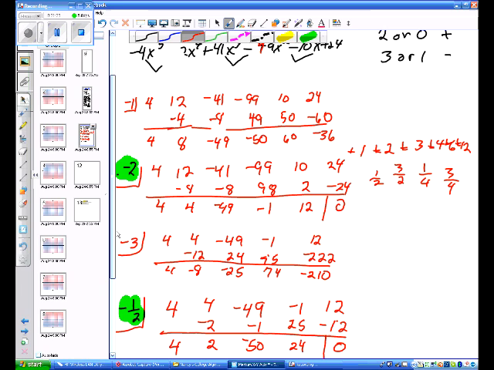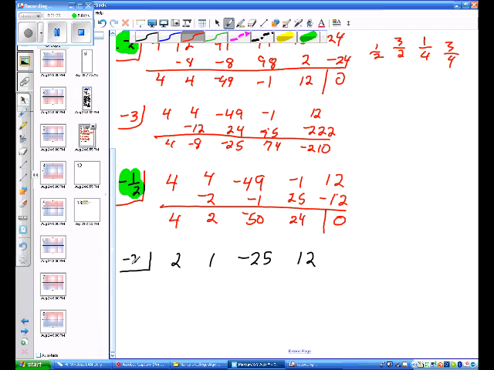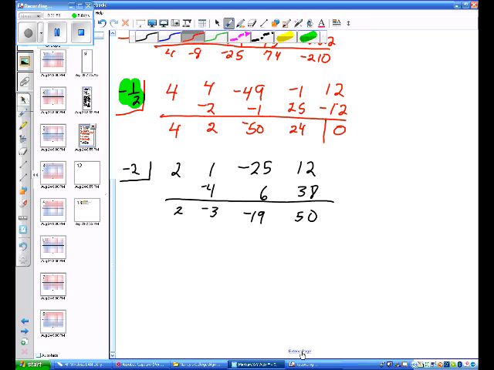We already eliminated -1. We didn't go back and try -2 again, so we could do that. Would be -4, -3, 6, -19, 38, which would be 50. So it's not -2. We're done with -2. -3 did not work up here, so it's not going to work in the reduced one.